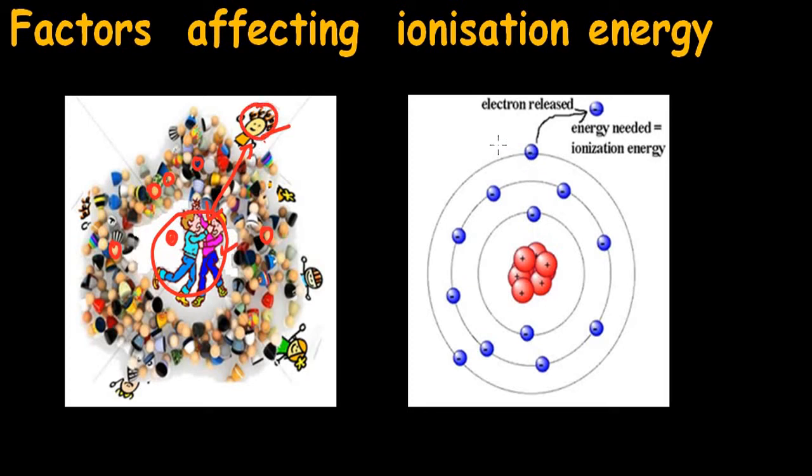So comparing the same in the second picture, if outer electrons are far off from the nucleus, then the attraction force for this outer electron towards the nucleus is not strong enough. So one of the factors can be the distance between the outer electron and the nucleus, and so the electron may release out easily. Secondly, there are many electrons in between which shield the outer electron from the nucleus.